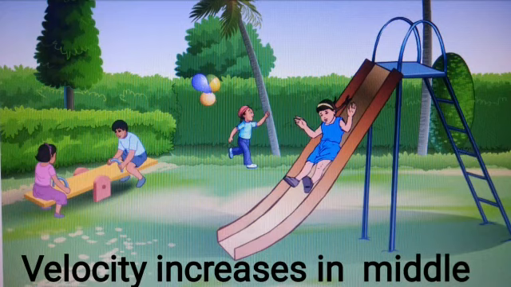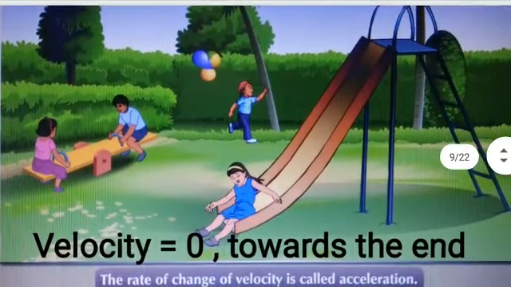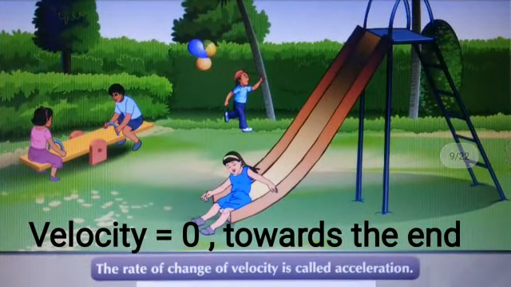As she is coming down, the velocity increases in the middle, and when she comes down, the velocity becomes zero towards the end. At the end of the slide, the velocity of that girl becomes zero.